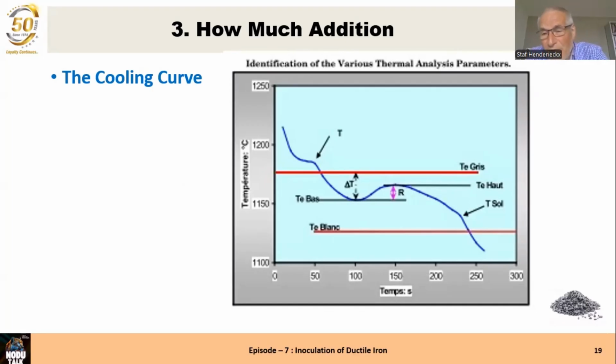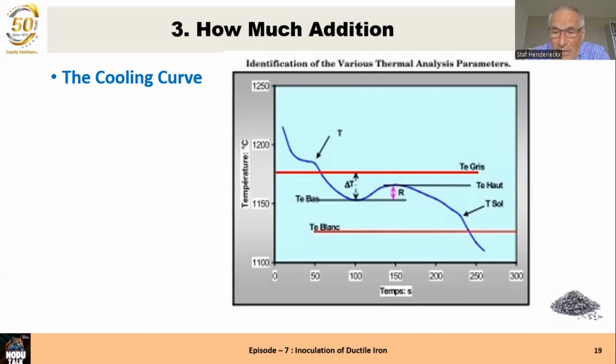You have what's called there TE gris and TE blanc. That's the top, let's say, that you have the good solidification. Below the TE blanc, you will have more carbide. In between, we have delta T. That's the lowest point of your cooling curve compared to the TE gris.